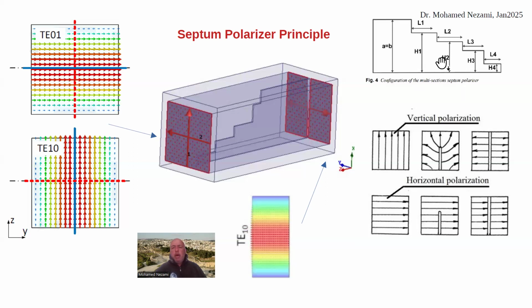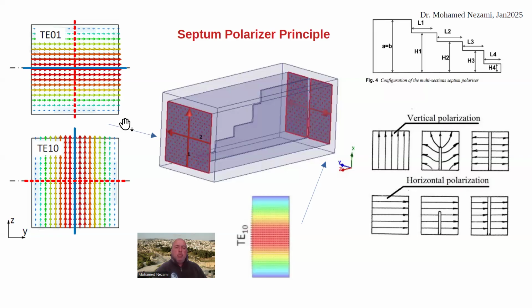Basically, they involve the height and the length of all the stair steps, and they're normalized to the wavelength. So you can go to these papers, get these coefficients, and scale them to your waveguide dimensions and the wavelength, of course.